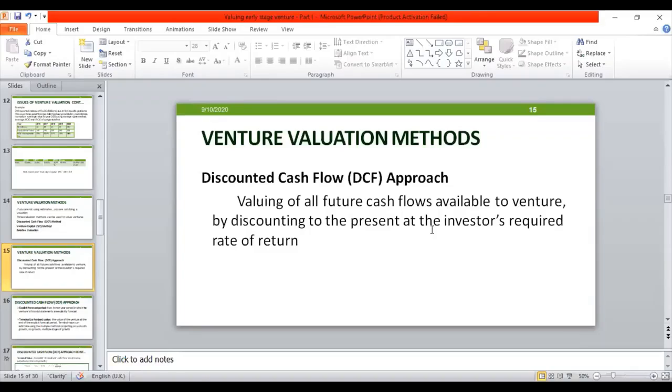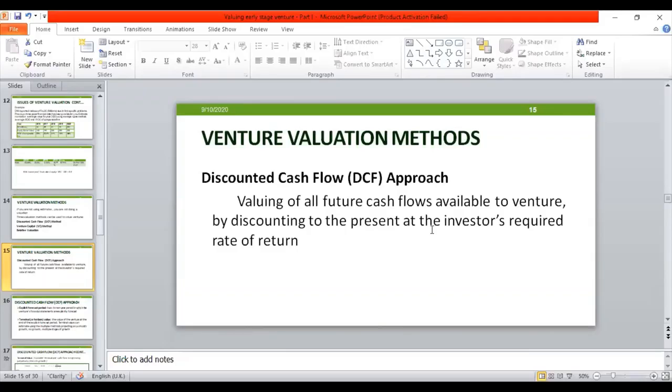Right? So normally at the early stages, the risk of the business is very high. Therefore, investors require a high return. But at the latter stages of the life cycle, the risk is comparatively low. Therefore, investors will request a lower return.